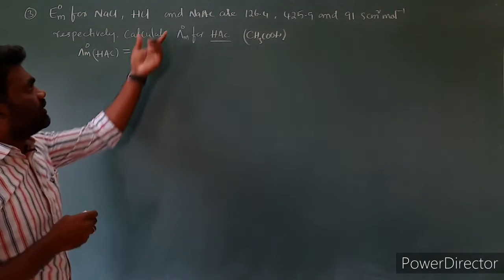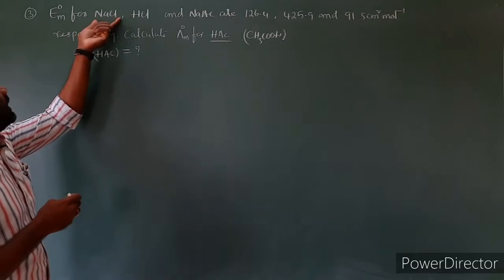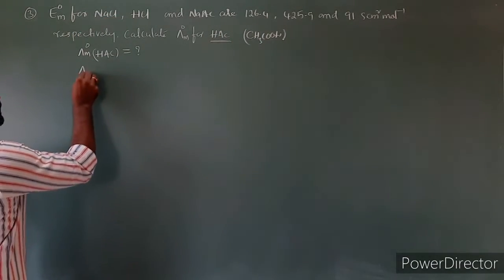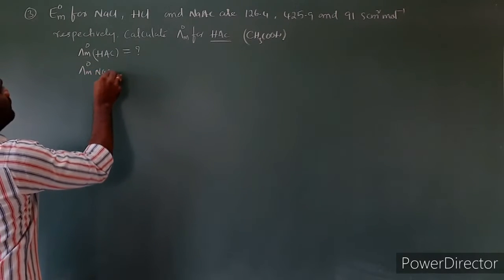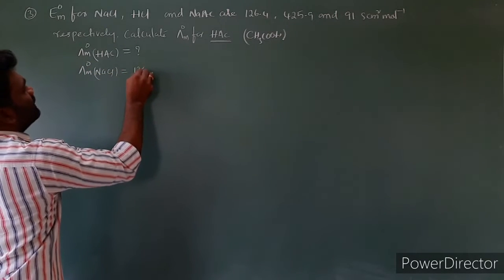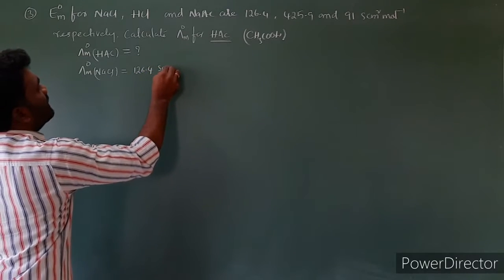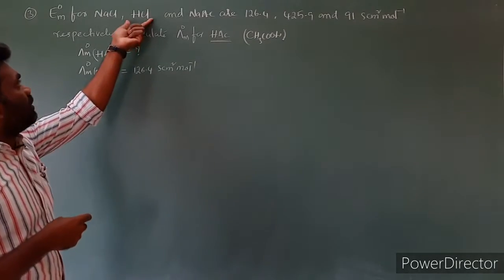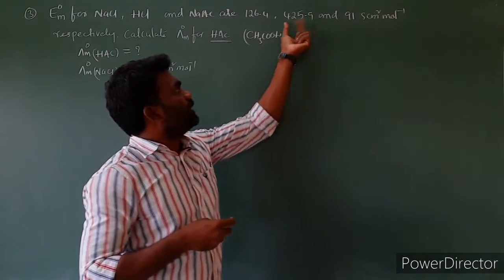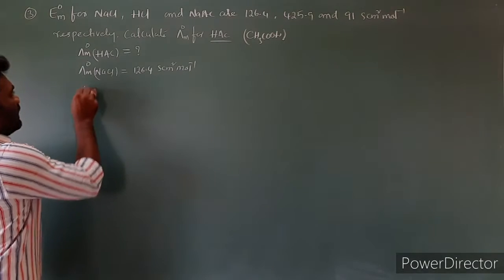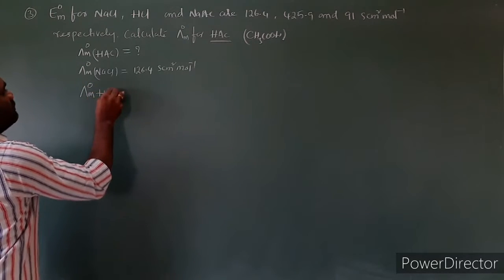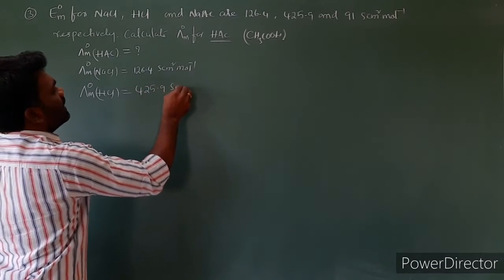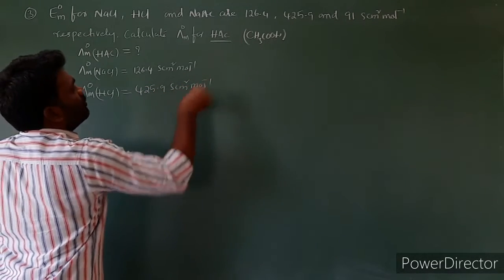Then what data is given, write them. Lambda m naught value for NaCl is given, 126.4 Siemens centimeter square mole inverse. And lambda m naught for HCl is given, 425.9 Siemens centimeter square mole inverse.